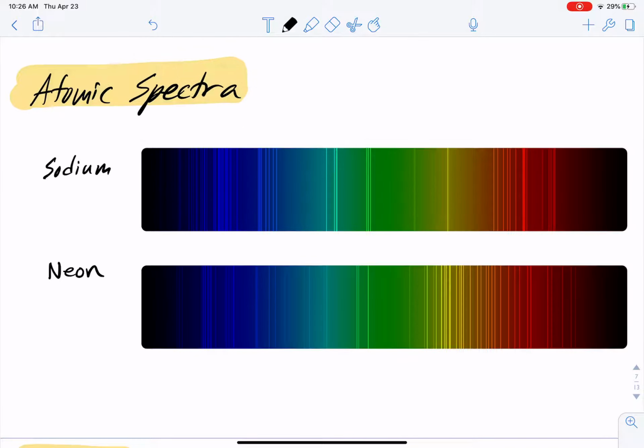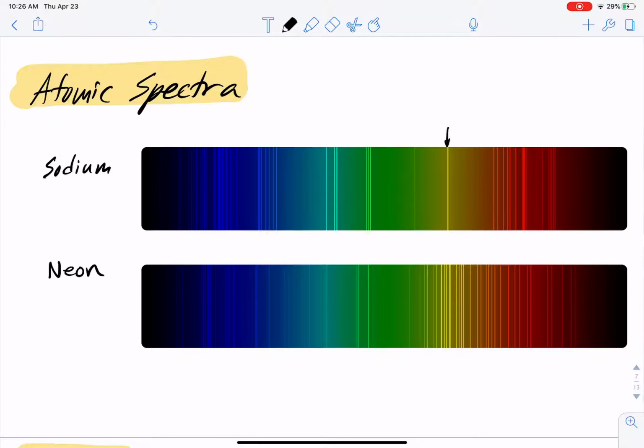So these are the spectra of atomic sodium and neon. It's a gas of sodium and a gas of neon. And you can see the basic color going over the whole thing is just a reference. The actual light being emitted is these narrow bars here.